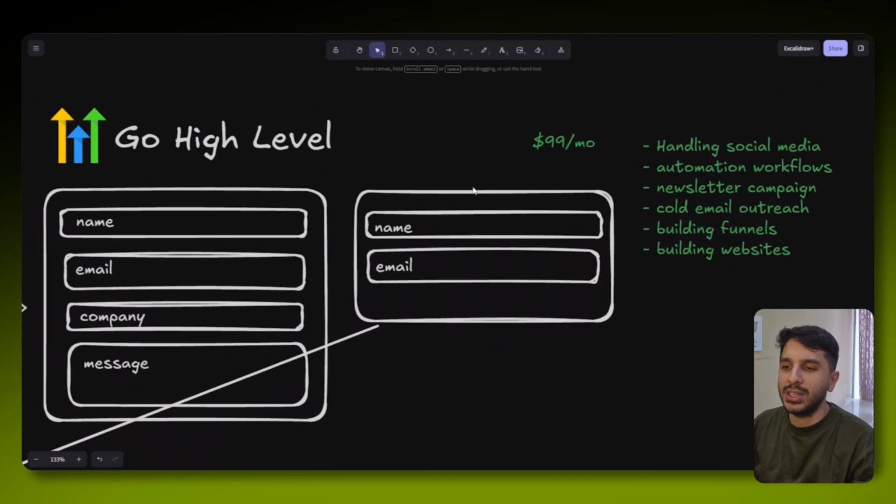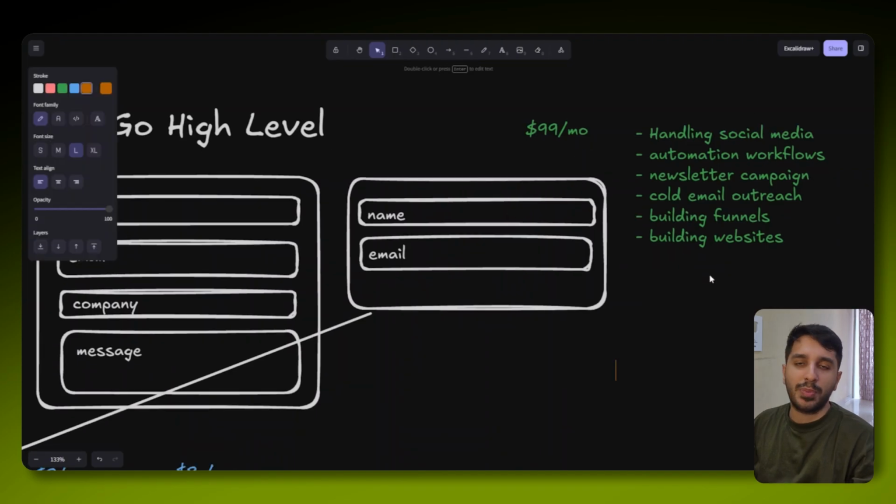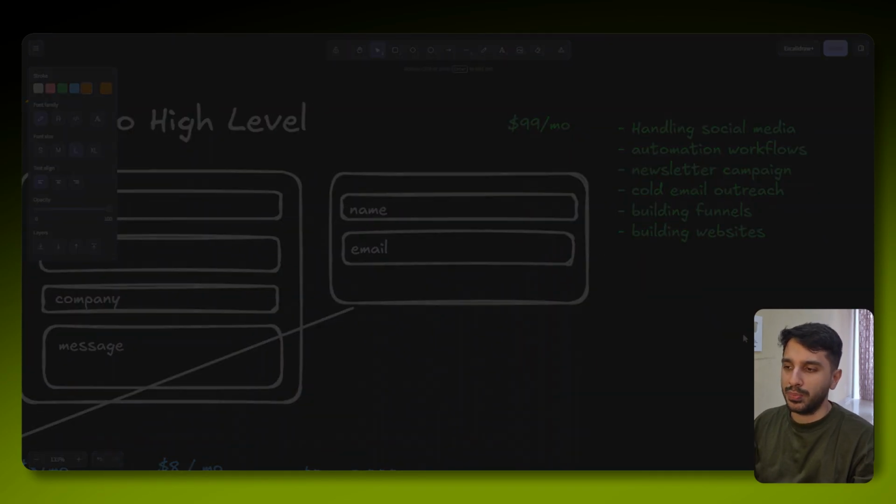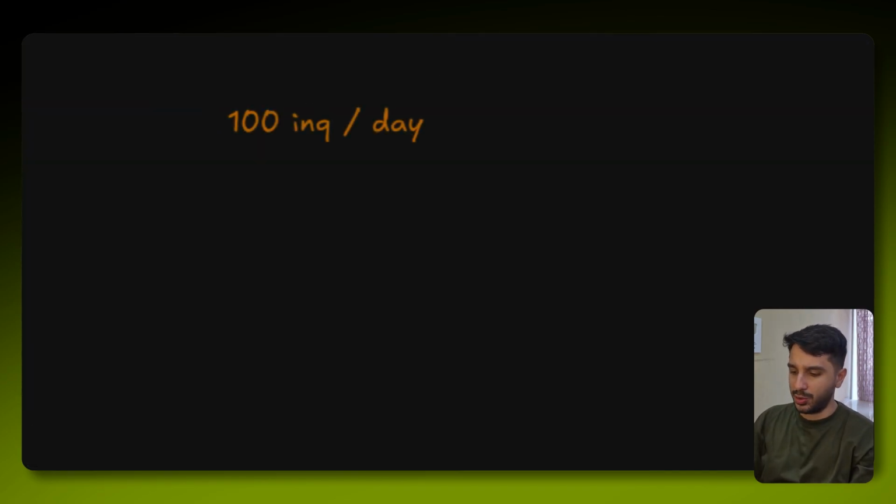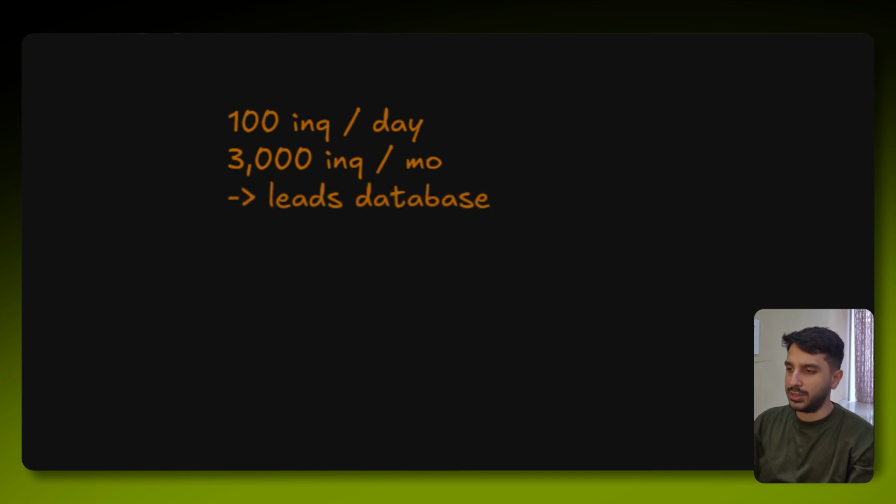It makes it super easy for me personally to review all the customers coming in. Now this kind of pricing only makes sense if you're working volume. So right now I'm getting about 100 inquiries per day. That's about 3,000 inquiries per month. All the inquiries that come in, I save it into a leads database.